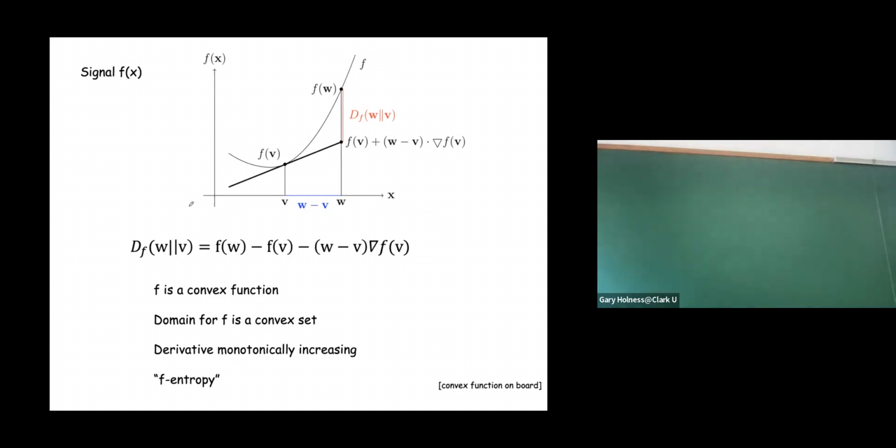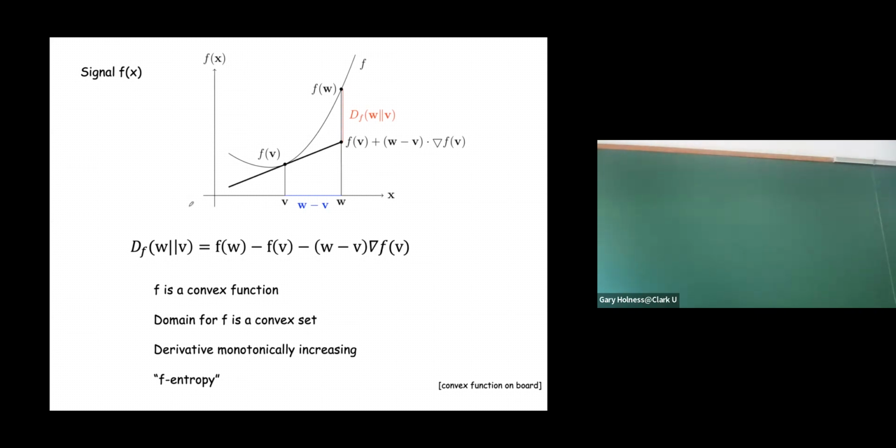It's f evaluated on any point between and inclusive of a and b. Now, for this chord, a point on the chord is alpha times f of a plus 1 minus alpha times f of b.